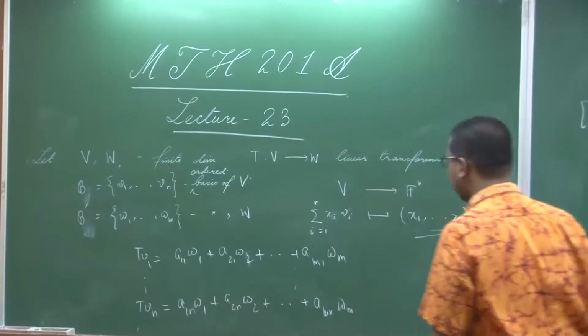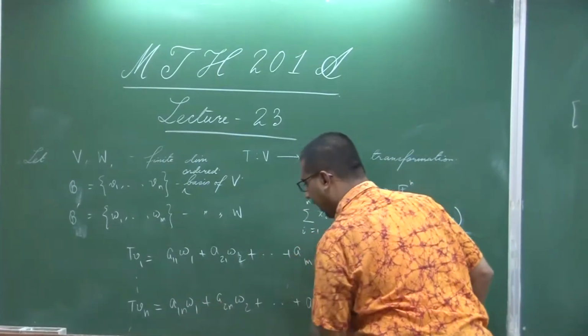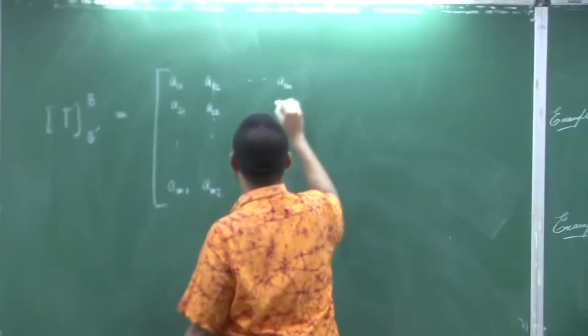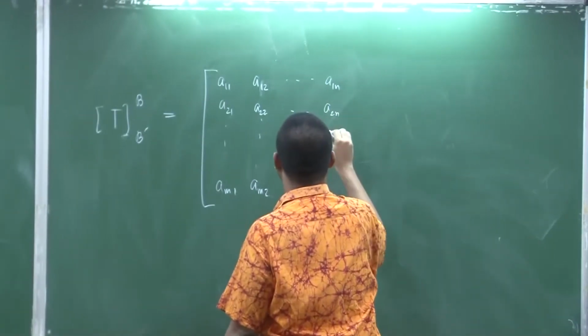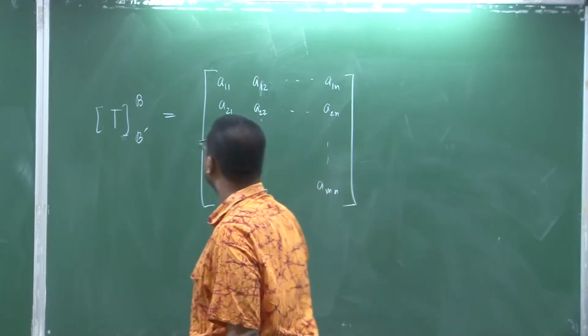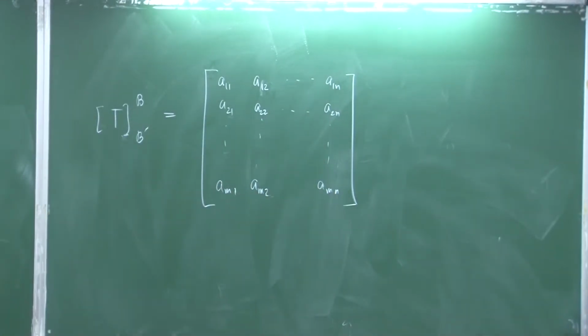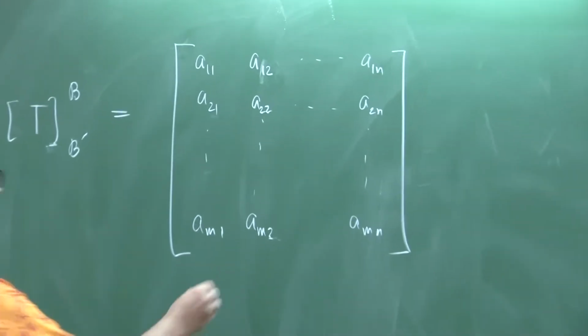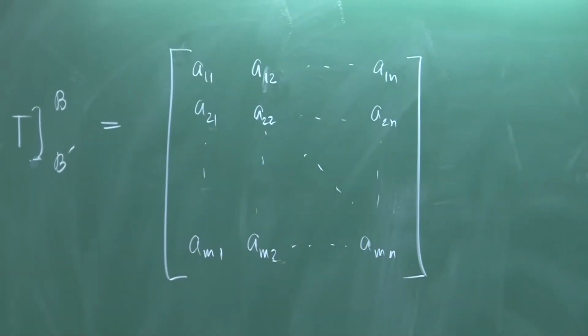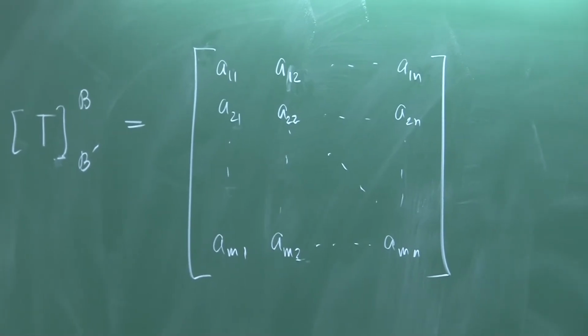So in the nth column we will write these coefficients: a1n, a2n, up to amn. This is what we call the matrix of the linear transformation with respect to the ordered bases B and B prime.